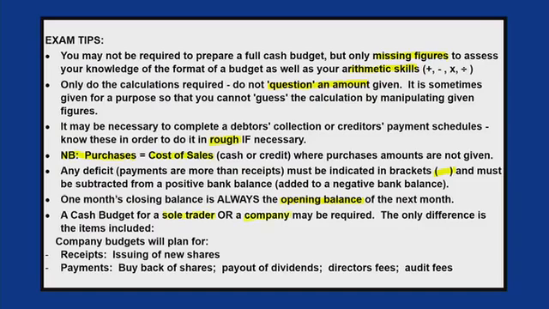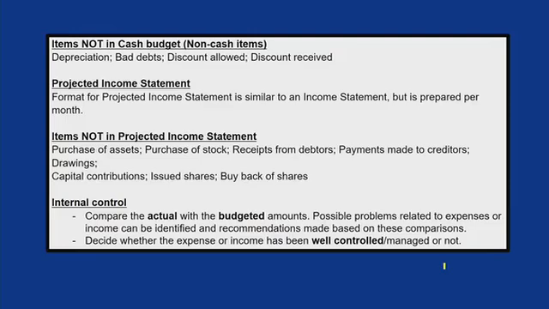If it is a budget for a company, the extra items will be something like issuing of new shares, we receive money, and buyback of shares, or payout of dividends, or directors' fees, or income tax, all of that, and audit fees will be payments. Okay, this is a typical bonus 2-mark or 4-mark question where they say, name items not in the cash budget, because it's easy to understand cash, money in, money out.